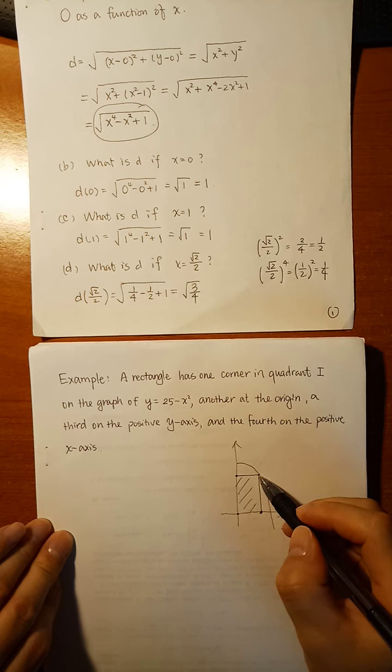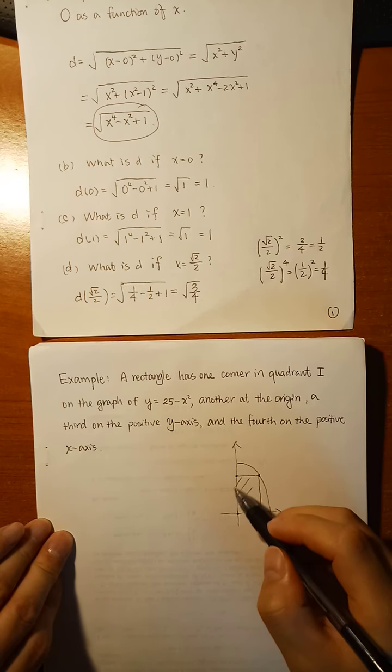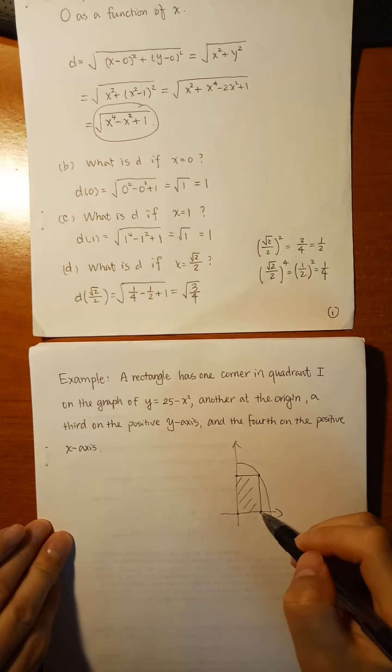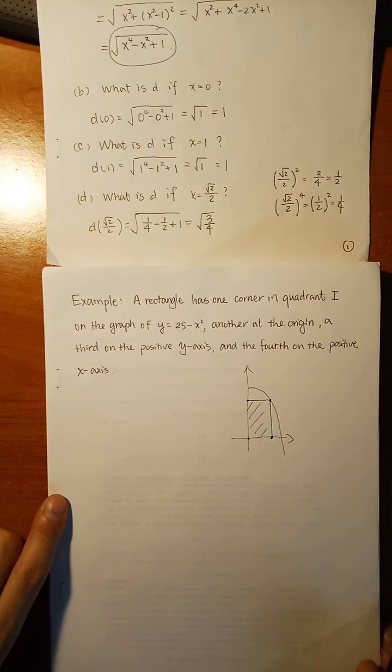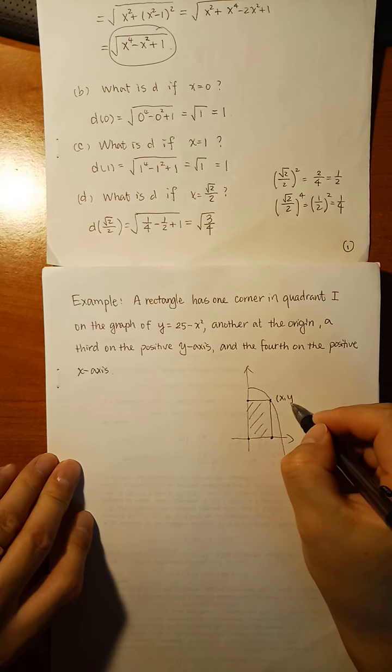One corner on the graph of the parabola, another corner at the origin, third corner on the positive y-axis, fourth corner on the positive x-axis. So just follow the sentences and draw this graph.